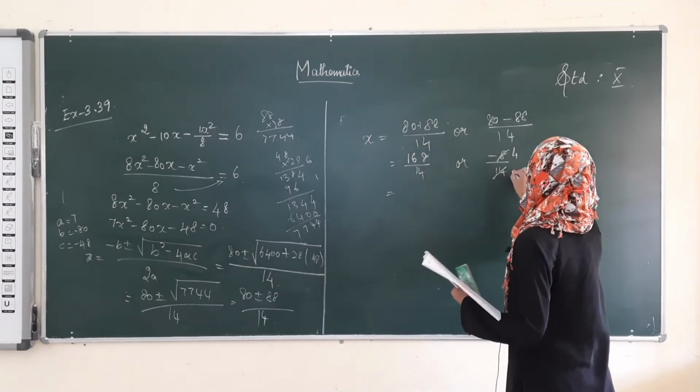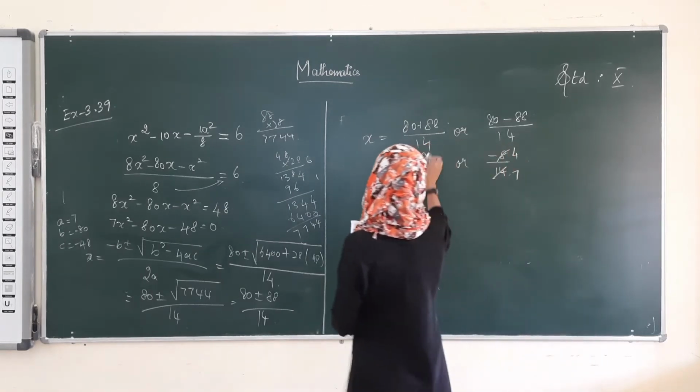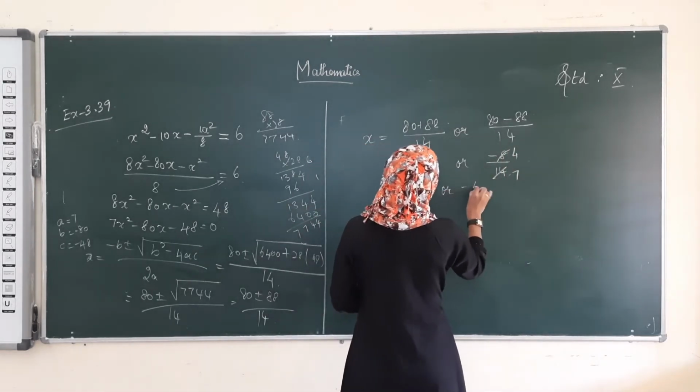Okay, not 4, this is 14. 168 divided by 14 is 12, or minus 8 divided by 14, which is minus 4 divided by 7. So x is 12 or minus 4 divided by 7.